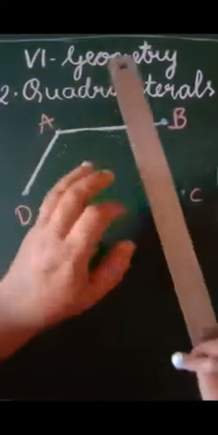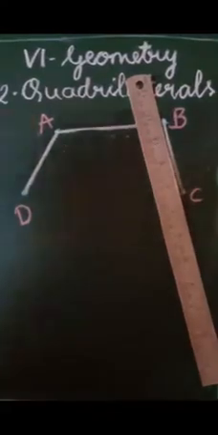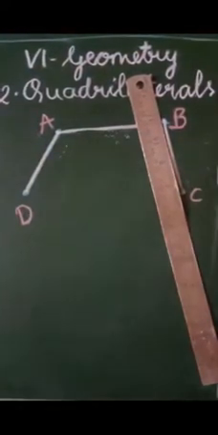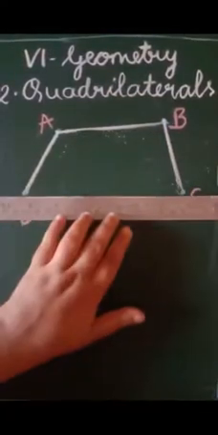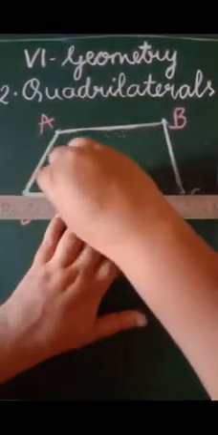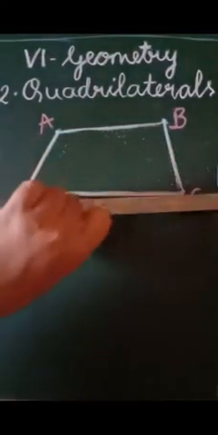Later on we will join the points B and C. So A and D are on the same side. And lastly we are going to join points D and C. So now A and B are on the same side.